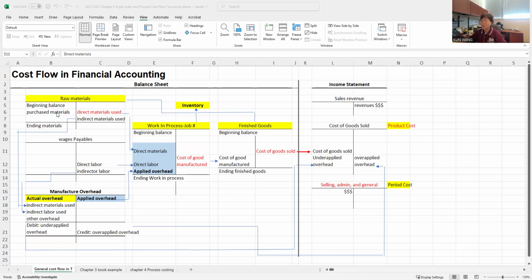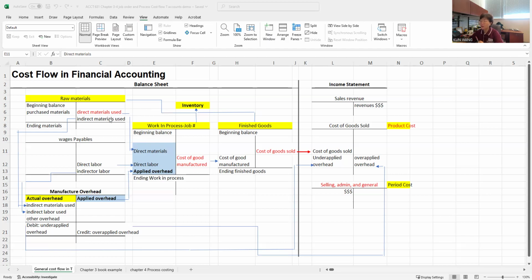And we also report any newly purchased materials over time in the accounting period on the debit side as well. You should have multiple purchases during an accounting period. So debit covers the beginning balance and also the newly purchased materials. Then material used for production, for indirect materials and direct materials, will be deducted as credit under the raw material account.